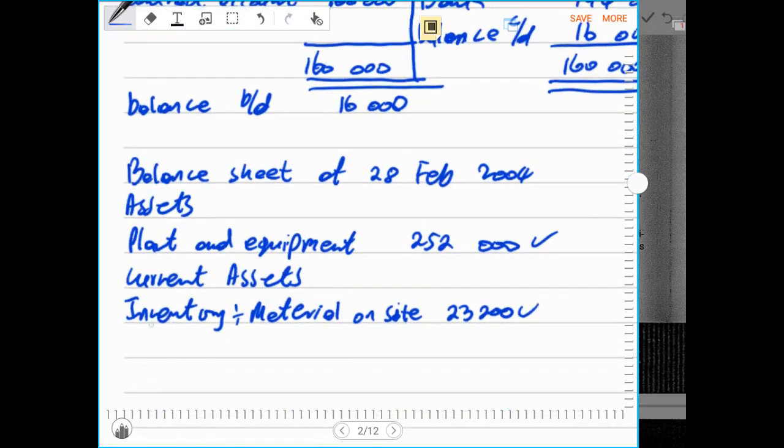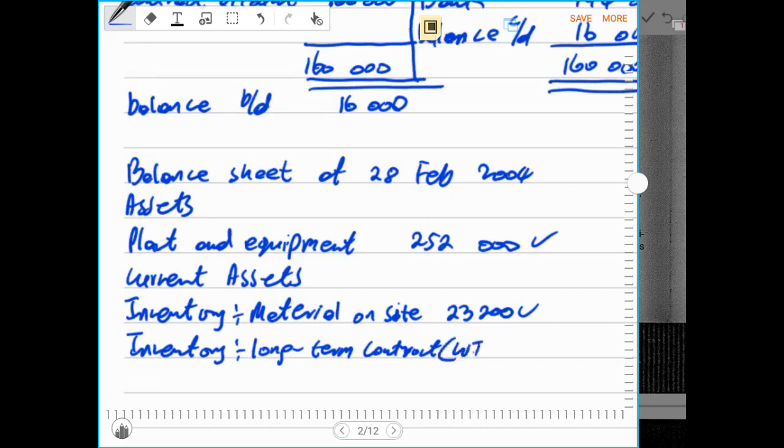Then we have to record another inventory, which is the inventory on a long-term contract. Long-term contract, which is work in process, in other words, if you want to make it simple.